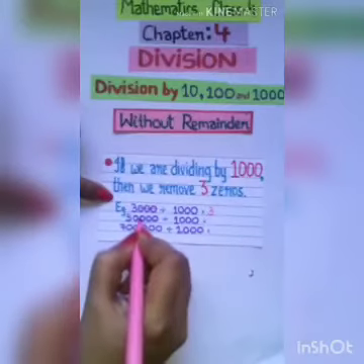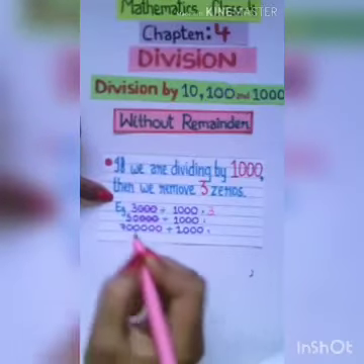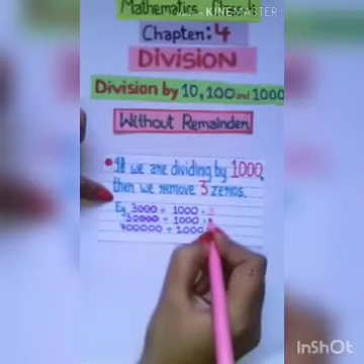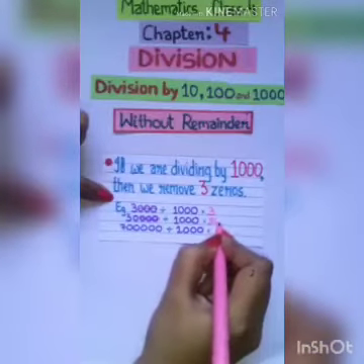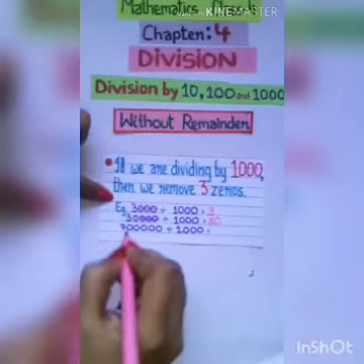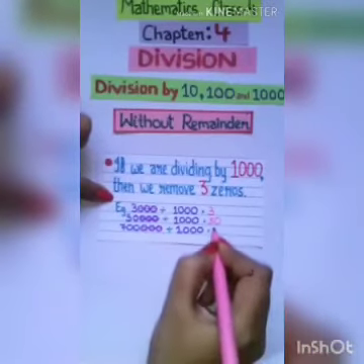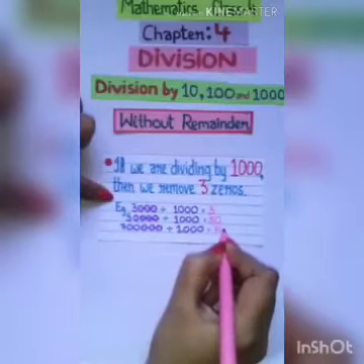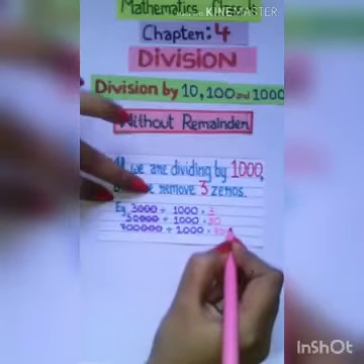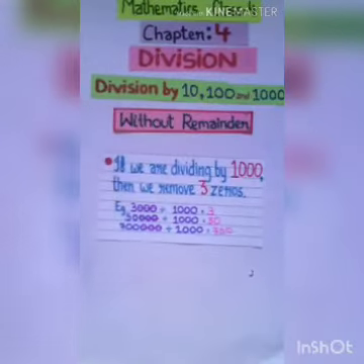From 50,000, if we remove 3 zeros, we are left with 50. And from 7 lakh, if we remove 3 zeros, we are left with 700. So these were examples of dividing numbers by 1000 without remainder.